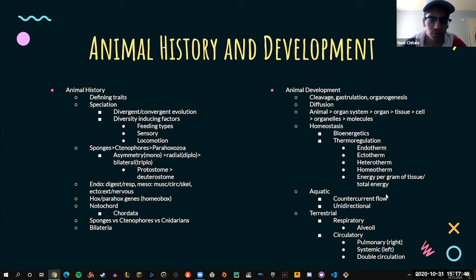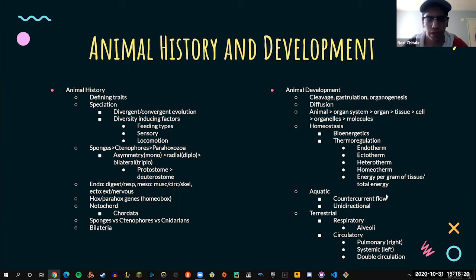And then we get to a little more specific stuff within the whole Parahoxoa tree of the phylogeny, where some animals have hox and parahox genes, which essentially comes from the word homeobox. A homeobox is essentially a set of genes or sequences that are fundamental to determining the development of an organism in its embryonic stages.